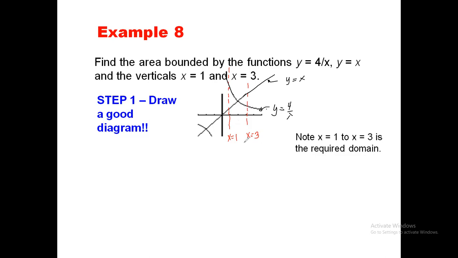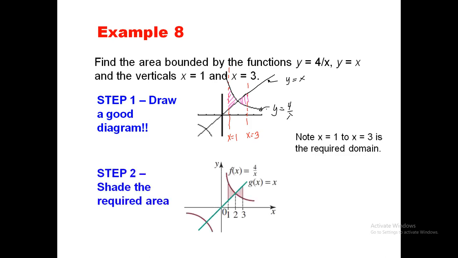So you have this one, class, and you have this. Bounded by this line, the curve, and this one. Okay, we'll go to the next and just close this one.